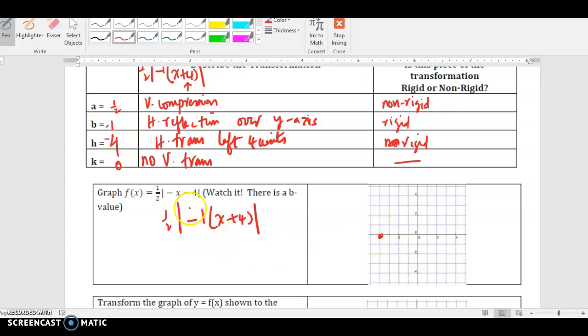So we really don't have to draw that per se. But the slope is half. So rise 1, run 2. So it's going to be this way. So this is how the graph is going to be. Negative 4. And nothing is being added to the outside.